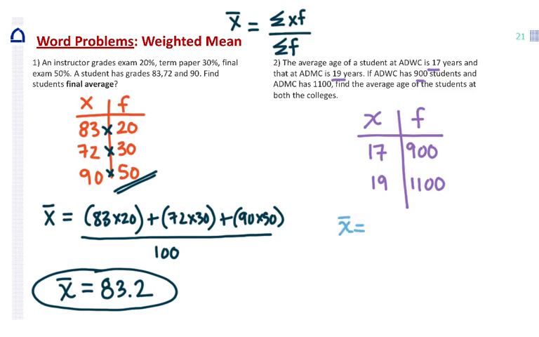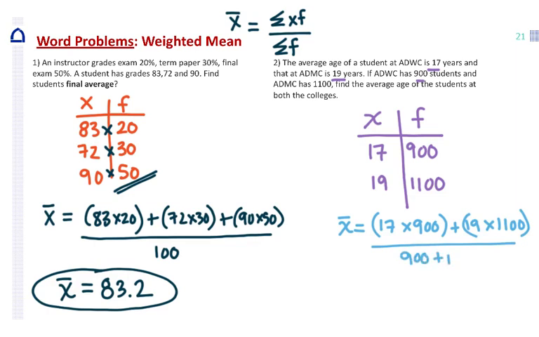You can use your calculator if you want by pressing mode 3.1, but we will do 17 times 900 plus 19 times 1,100, and then we will divide that by the sum of the frequencies, 900 plus 1,100. Either way, we would get the same answer, which is 18.1 is the average age when we consider the data from both campuses.